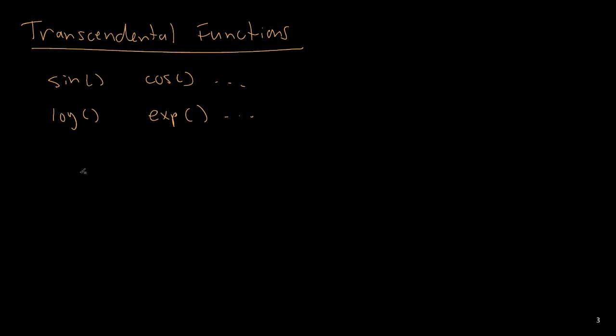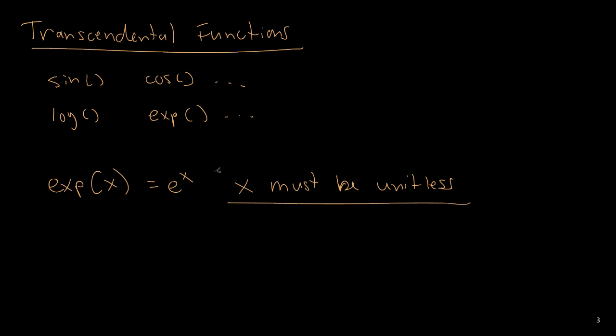In these functions, for example exp of x, which we could also write as e to the x, x has to be unitless. Otherwise, we don't have a way to visualize, for example, e to 10 feet; we don't really know what that means. So in other words, we can't have units in any sort of transcendental function. That includes log, trigonometric functions, and others.